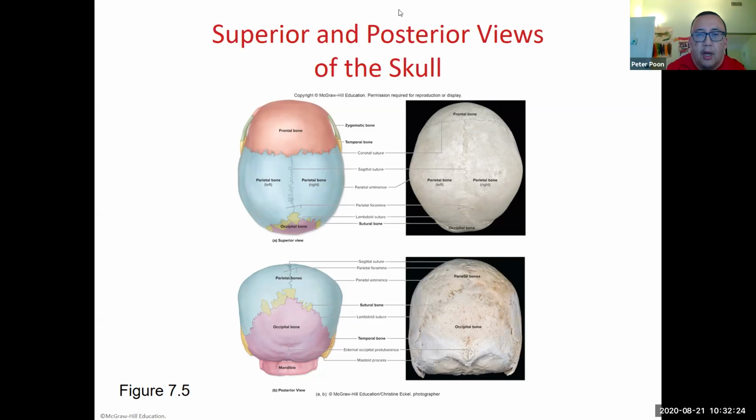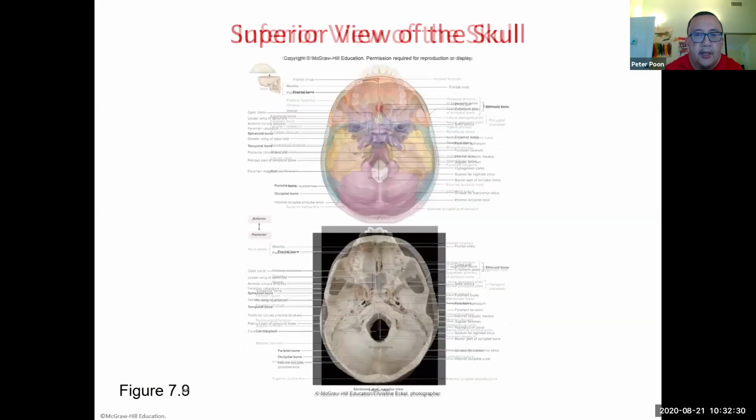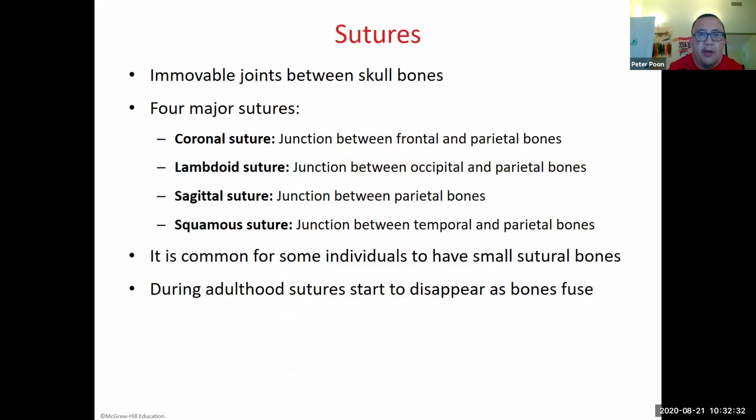I'll refer back to these slides when we look at them more closely. So these are all great.